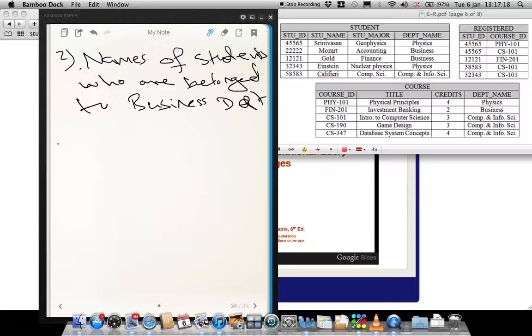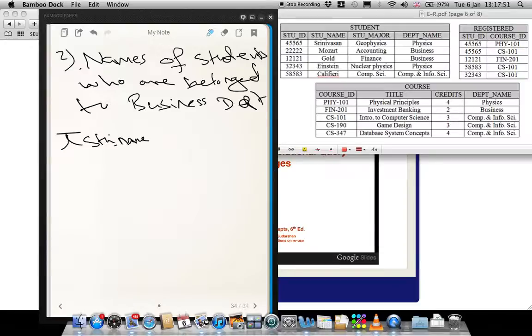In the student table we have all the student names and we have all the departments. We need to look at those students who are in the business department. First of all, we need to list all the student names, so we do projection: student underscore name.